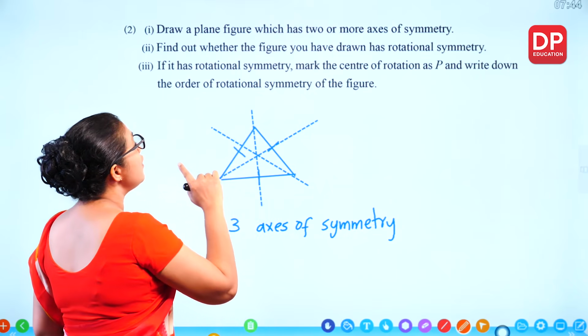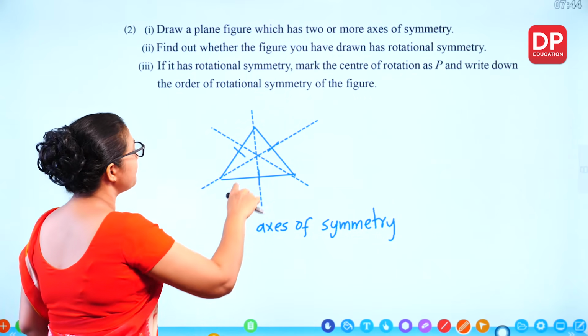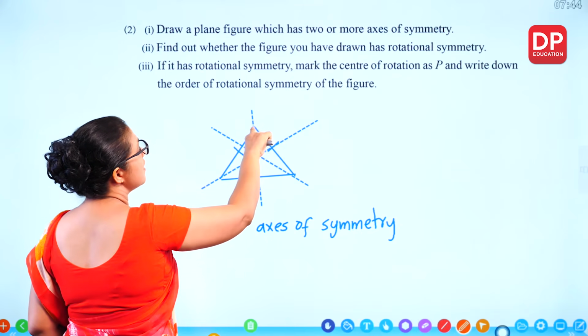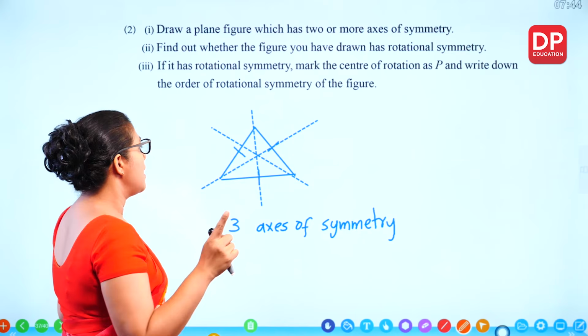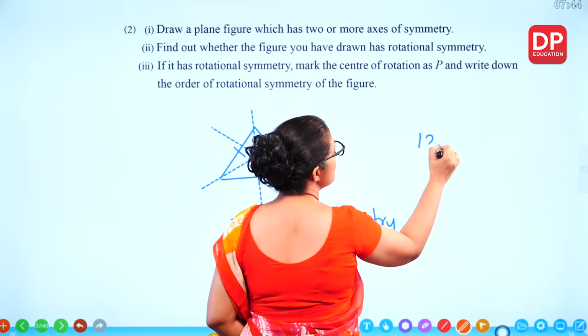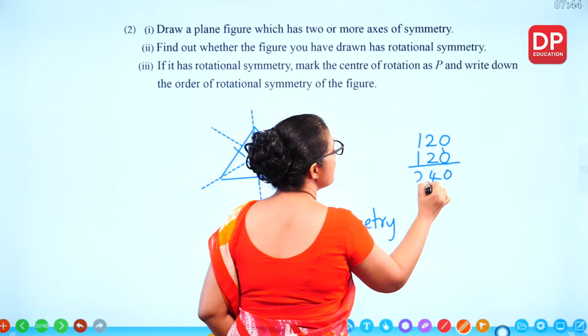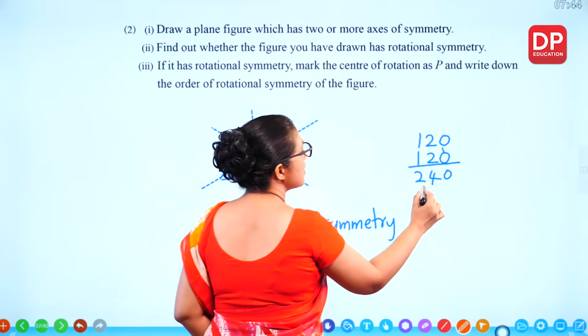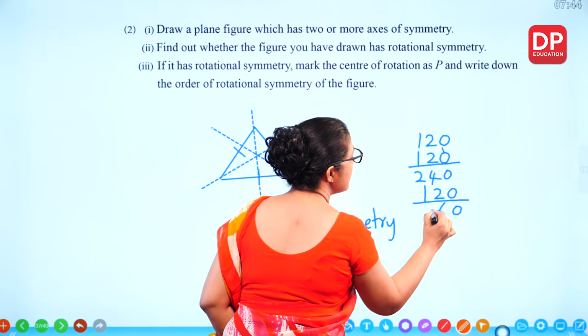And when you rotate 60, so here this is 120, you get the same shape. Then again another 120, 240, you get the same shape, again 360.